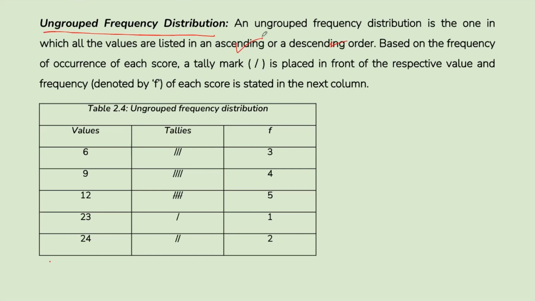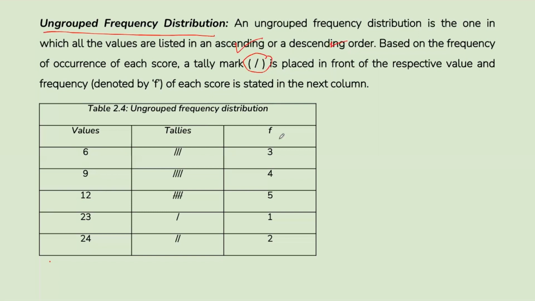Based on the frequency of occurrence of each score, a tally mark, denoted by a slanting line, is placed in front of the respective value and the frequency is denoted by F. Suppose this is an example of an ungrouped frequency distribution. These are the values: 6, 9, 12, 13, 24. And these are the corresponding frequencies: 3, 4, 5, 1 and 2.